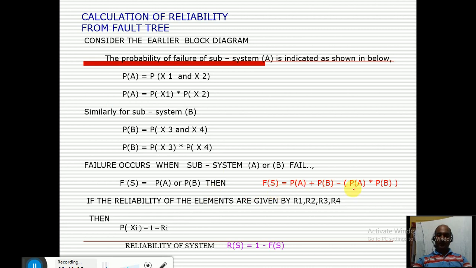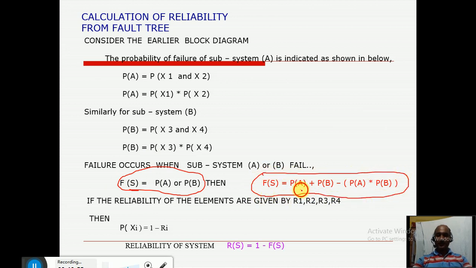So therefore, finally, here you can see failure A or B. So once you know the rules of probability, OR condition and AND condition, then we can write the equation for that. Okay, A or B means PA plus PB minus PA into PB.